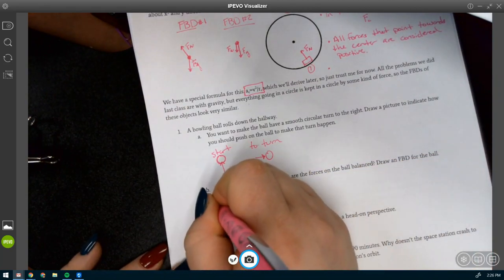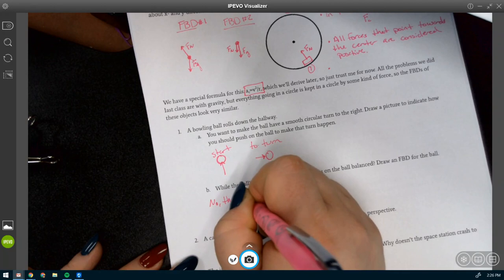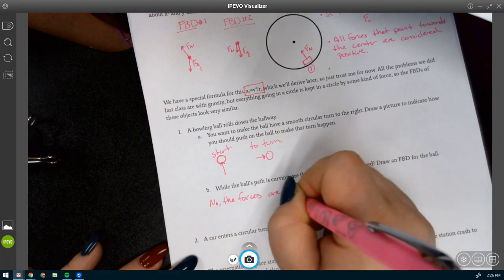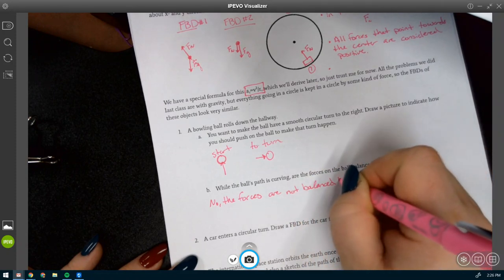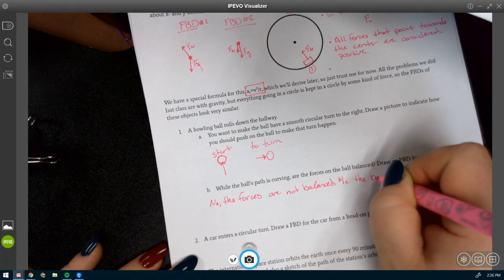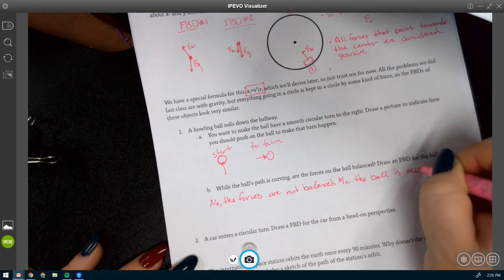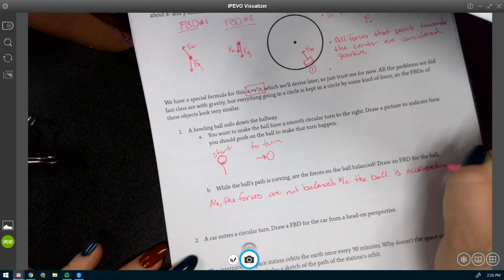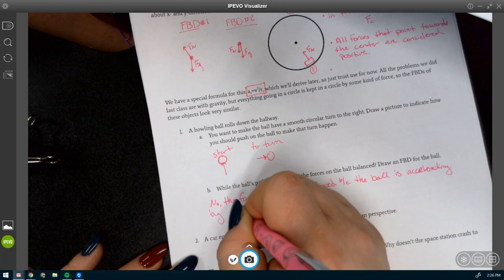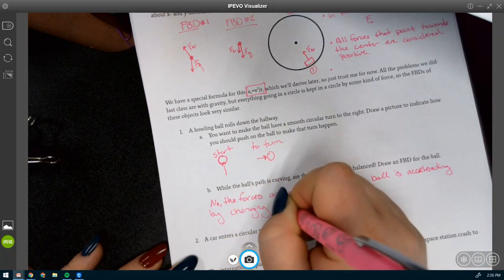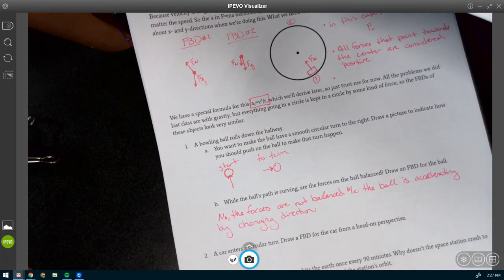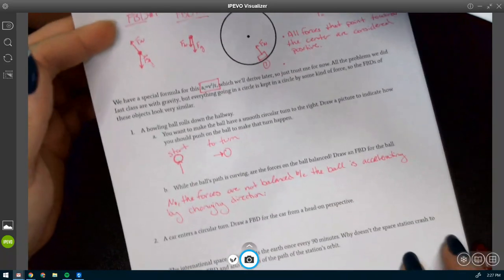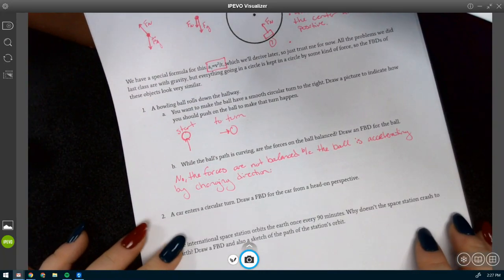So the answer is no. The forces are not balanced, because the ball is accelerating by changing direction. And the second part is to draw a free body diagram for the ball.